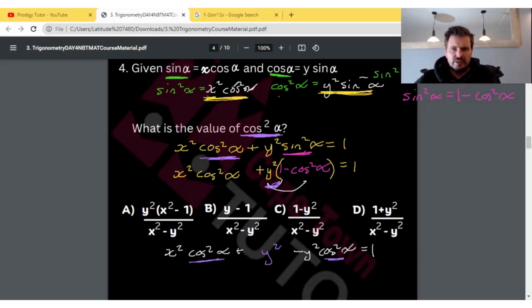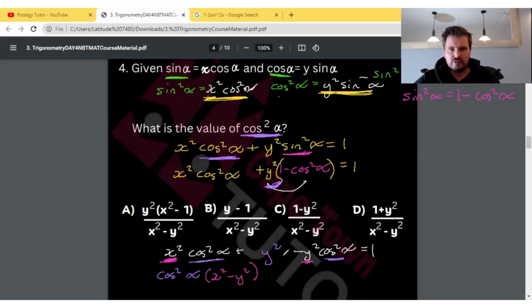So now what I can do is I can take out the cos squared alpha. And I'm going to take this y squared across, right? So I'm going to take out the cos squared alpha, and I'm left with this pink one and this one here, right? So these 2 pink ones, x squared minus y squared.